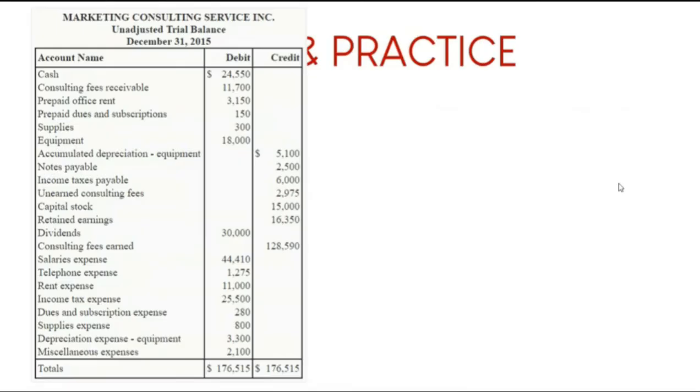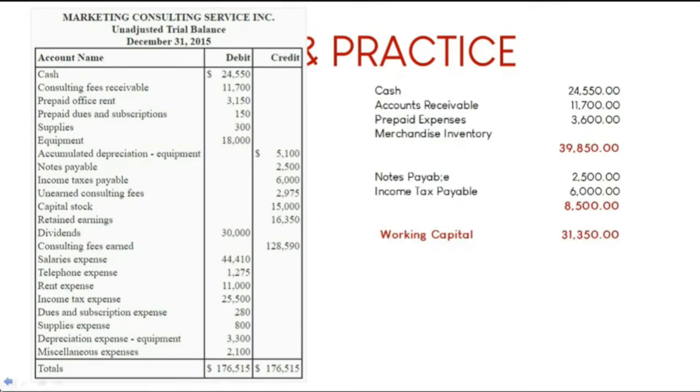Okay, so let's try solving for this unadjusted trial balance from the marketing consulting service. Let's first get the value of our working capital para mas madali. We get cash 24,550. Accounts receivable or consulting fees receivable is 11,700, and we have the prepaid expenses.